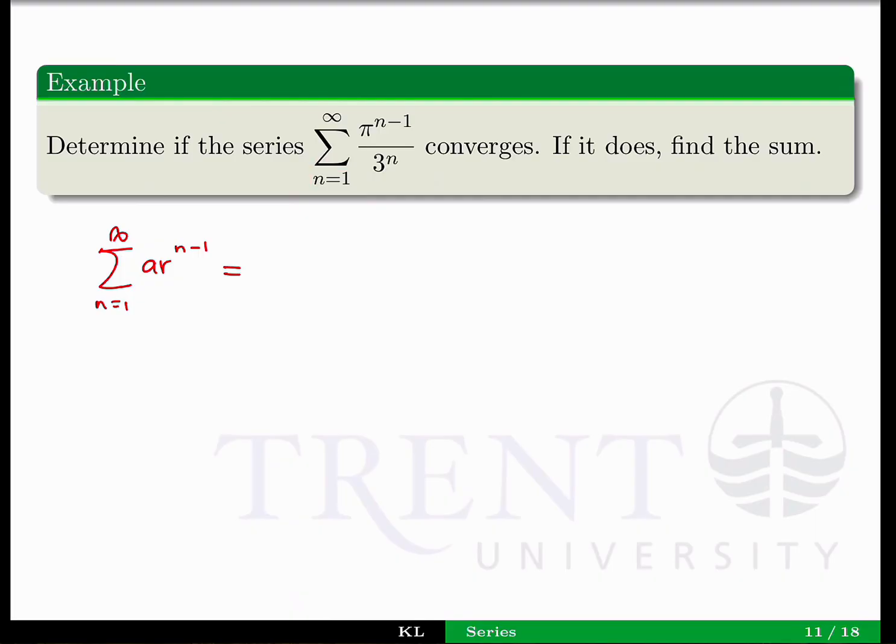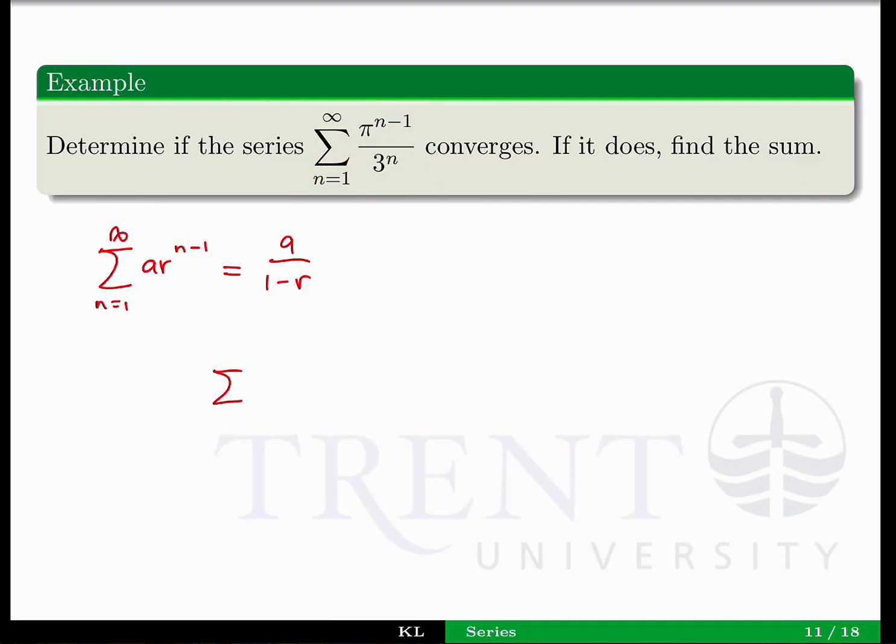So if the sum exists, it will be a over 1 minus r. If you look at this, pi is raised to n minus 1, your 3 is raised to n. But we can combine this expression into a single expression with the common power form.